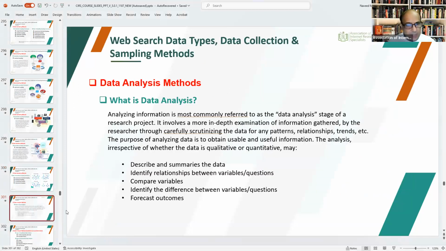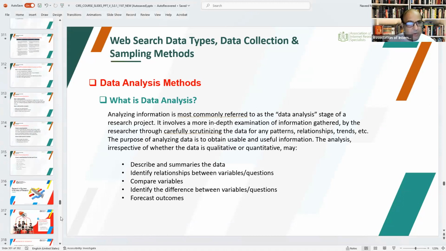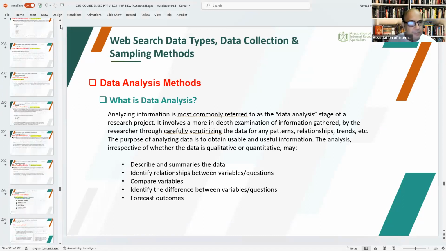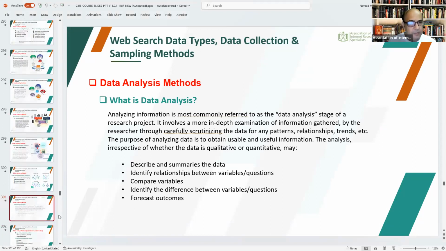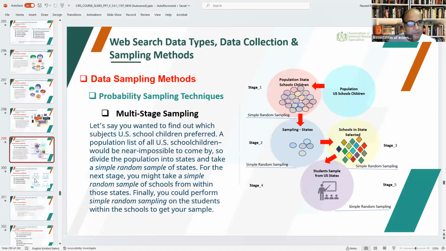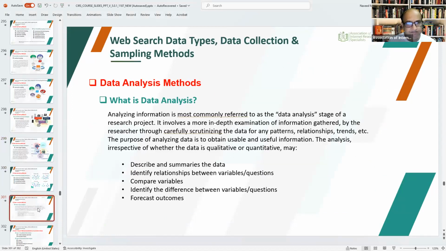covers the sampling techniques. Now, before we get to data analysis, okay, what is data analysis?